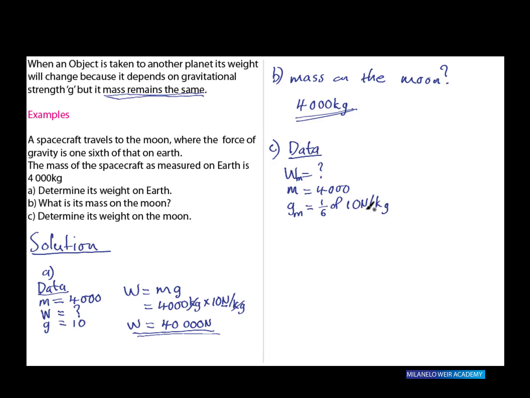We know that on Earth it is 10, so it's 1/6 of this, right? So I can find this out separately. 1/6 times 10 is equal to 1.66666. Yeah, that's it.